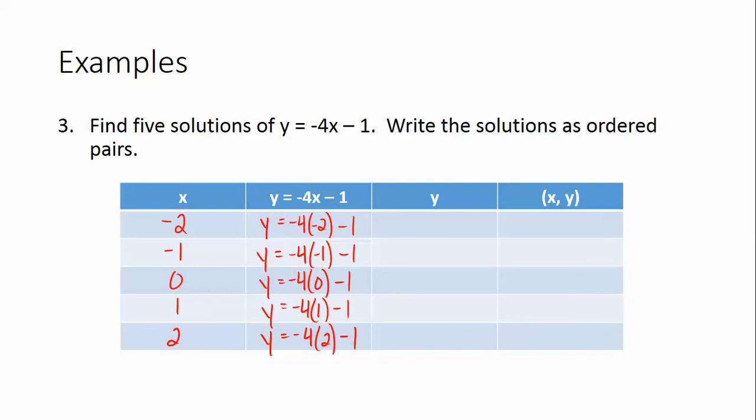Now remember your order of operations. You multiply first. -4 times -2 is 8. 8 minus 1 is 7. -4 times -1 is 4. 4 minus 1 is 3. -4 times 0 is 0. 0 minus 1 is -1. -4 times 1 is -4, minus 1 is -5. -4 times 2 is -8, and -8 minus 1 is -9.